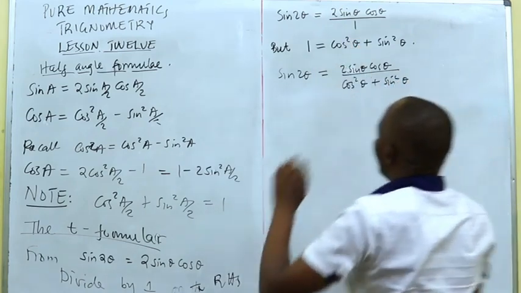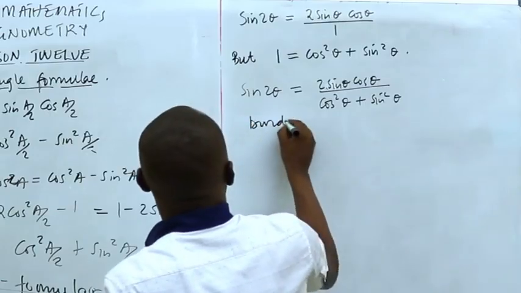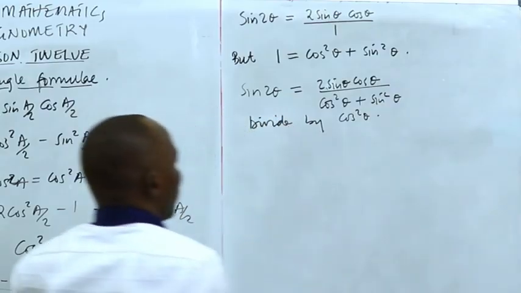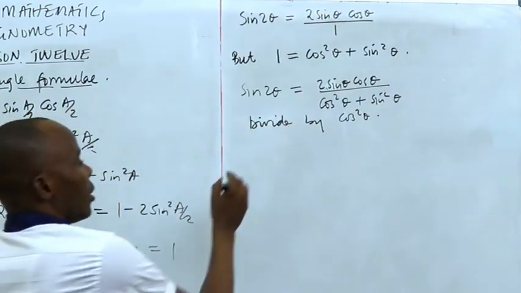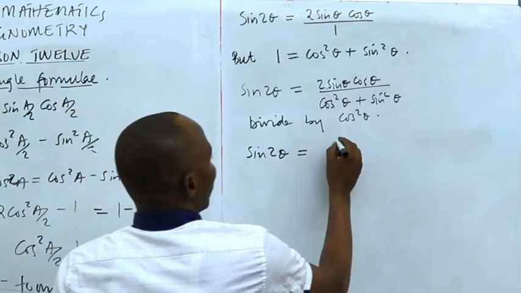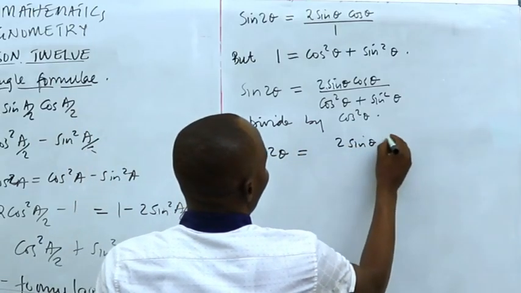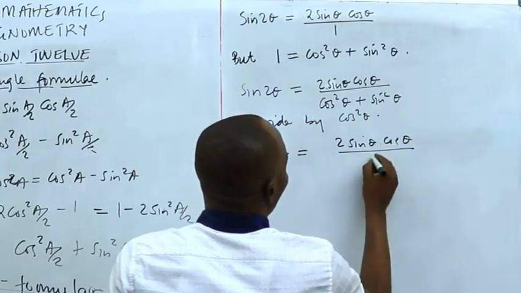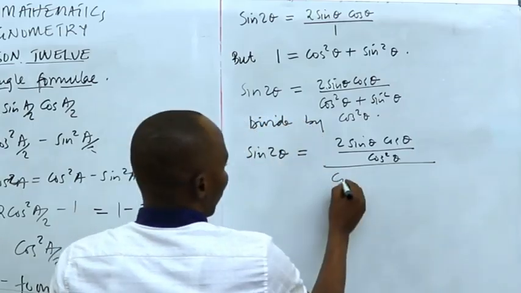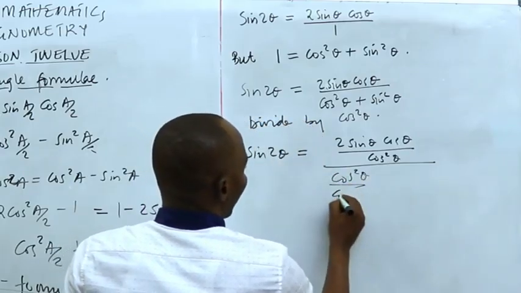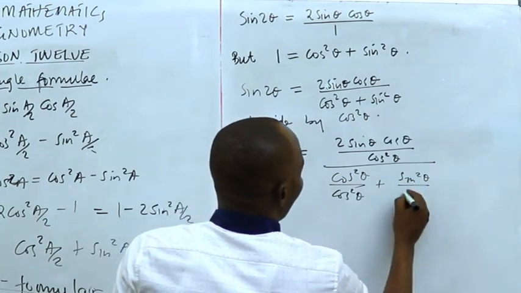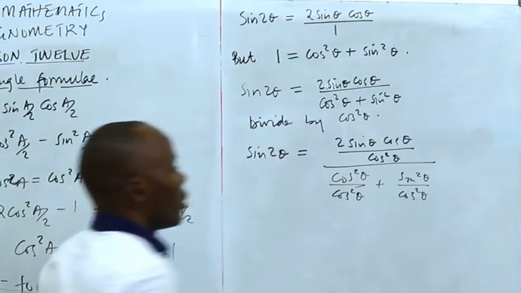Now at this level, you divide by cos squared theta. If you divide by cos squared theta, we have sine 2 theta is equal to 2 sine theta cos theta over cos squared theta, then over cos squared theta over cos squared theta plus sine squared theta over cos squared theta.